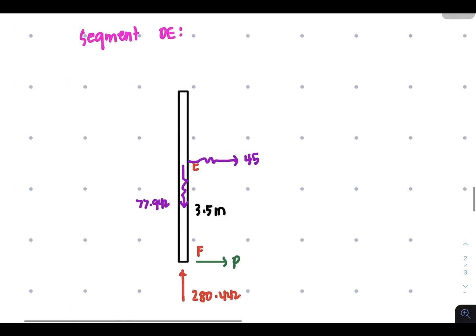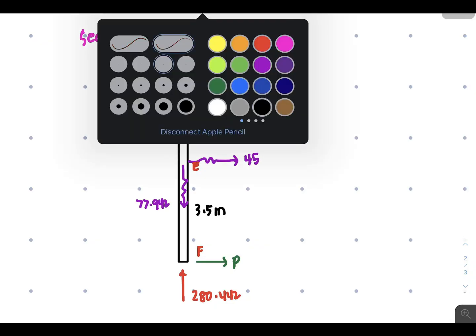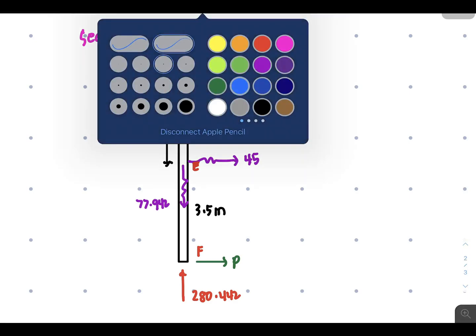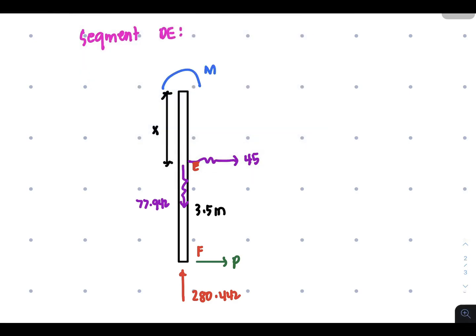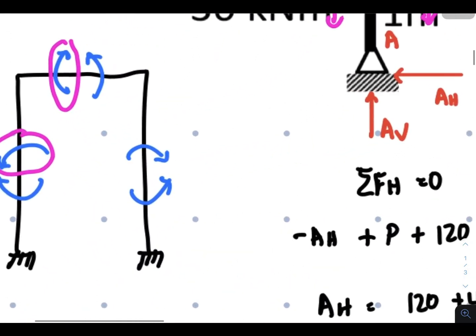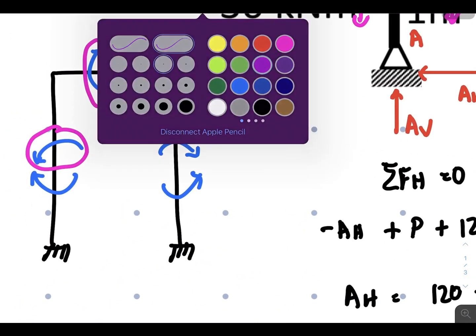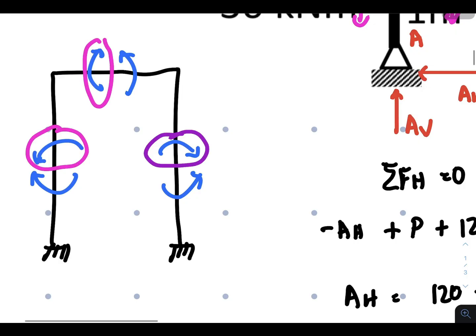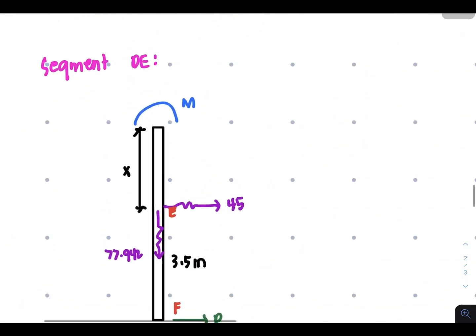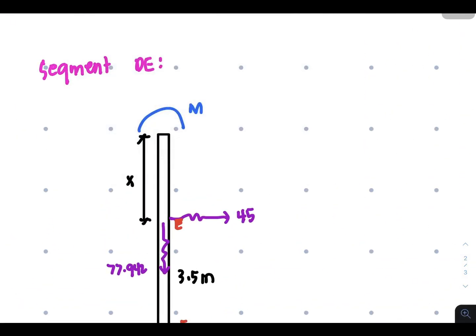So the distance from the point of cutting towards point E, this distance is x. Now we have moment. So what is the direction? Since we're considering the lower portion, then here, that's the direction. That's clockwise. So that would be clockwise M.